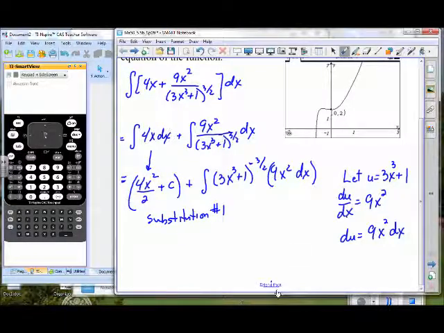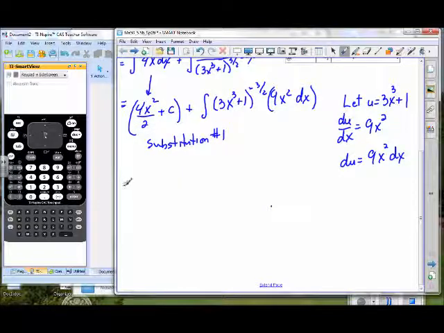So our substitution number 1 is going to look like this. The first part we're just going to bring down, make it 2x squared plus c, and tuck that off to the side. The first substitution is only on the second integral. That is the same thing as the indefinite integral of, remember u represents the inside function, u to the negative 3/2, and 9x squared dx has the same value as du.